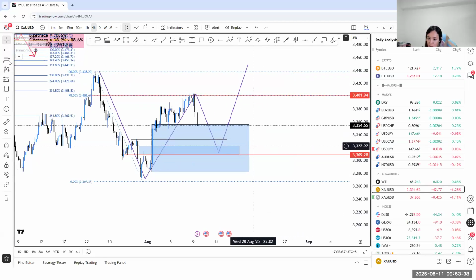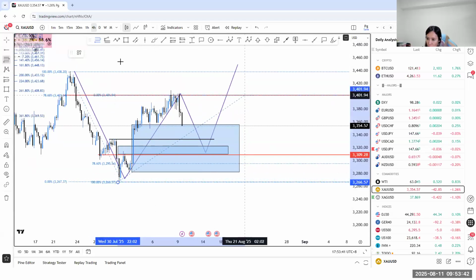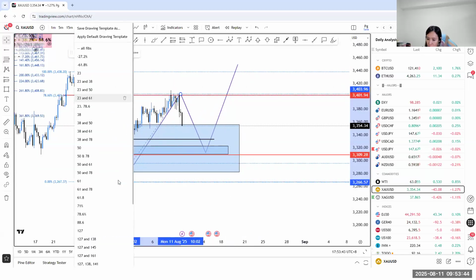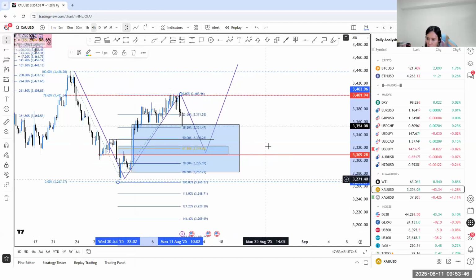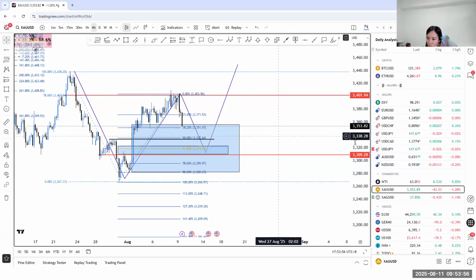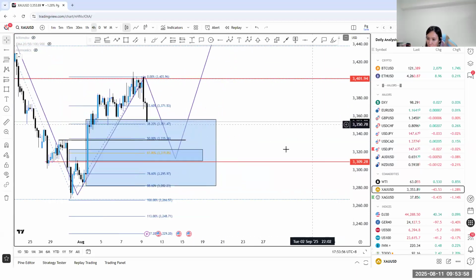Then we need to see whether they're going to retrace anywhere within this harmonic pattern. So we need to wait. They're very strong selling right now.